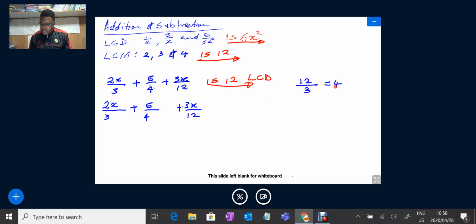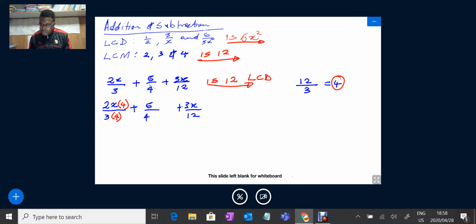I'm going to take this 4 and multiply by it here, and then also here. My intention is to make all the denominators the same. Once the denominators are the same, then it's simple.